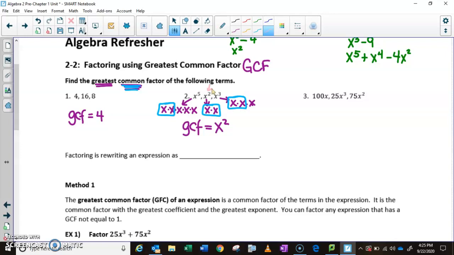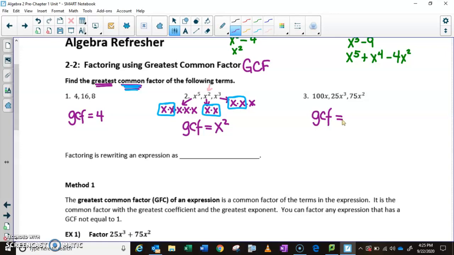So if I look at number 3, 100x, 25x cubed, and 75x squared. So let's put the first 2 examples together to find my greatest common factor. Look at the numerical part first, 100, 25, and 75. If I think about them in terms of money, 100 cents, 25 cents, and 75 cents, I can see they're divisible by quarters.